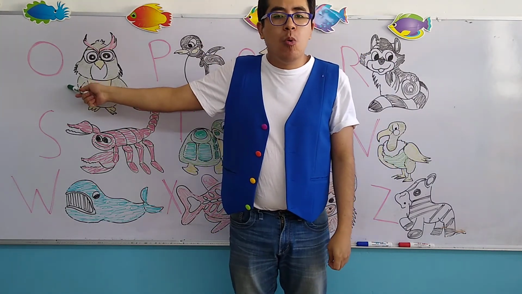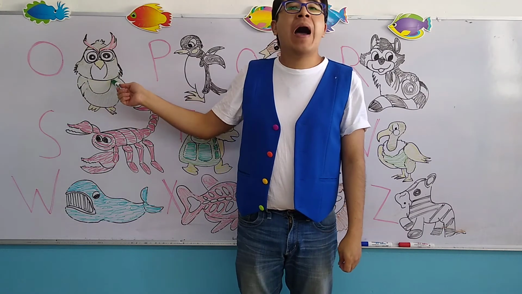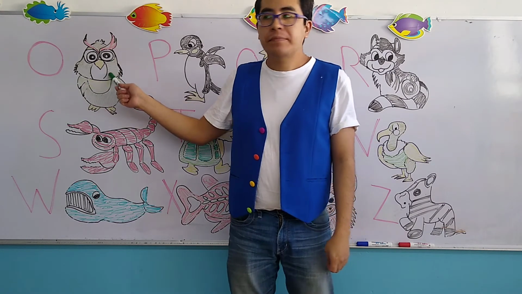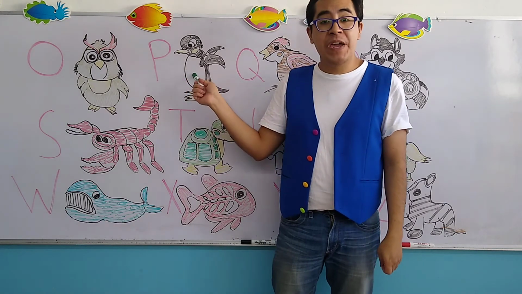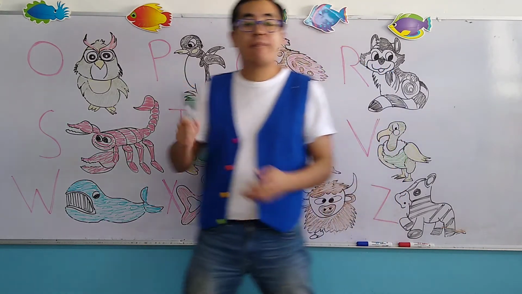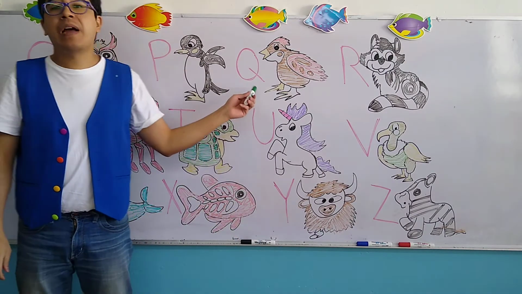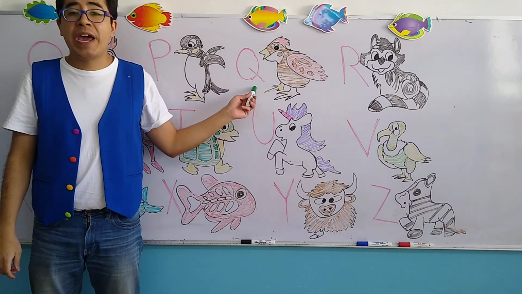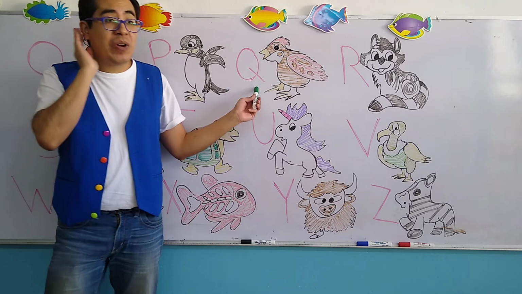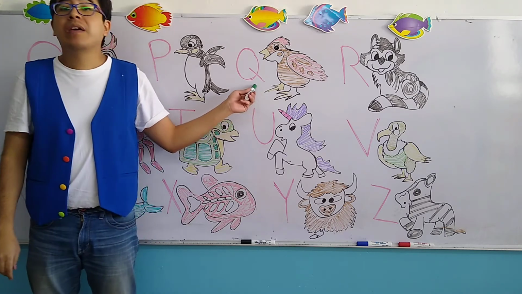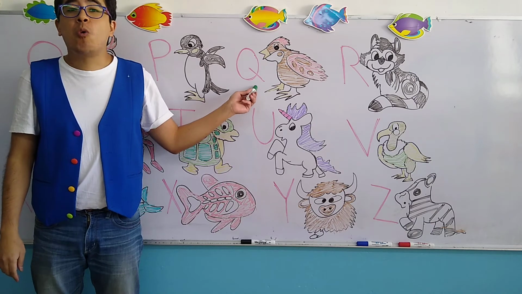Capital O, owl. Capital P, penguin. Capital Q, quail. One more time, a little bit louder so I can hear your pronunciation. Capital Q, quail.